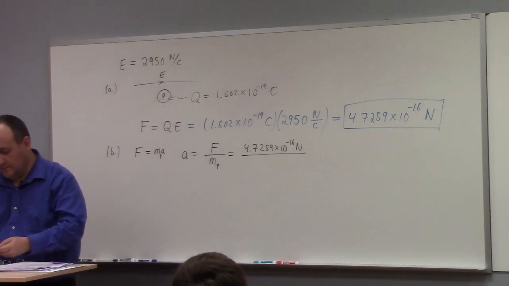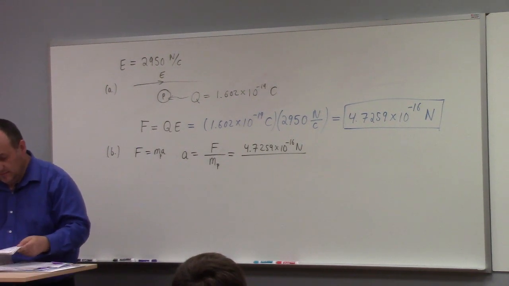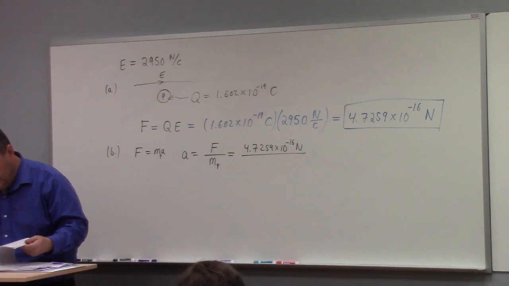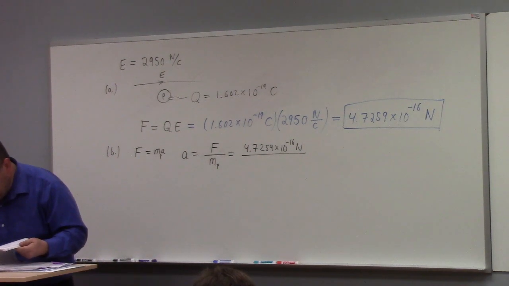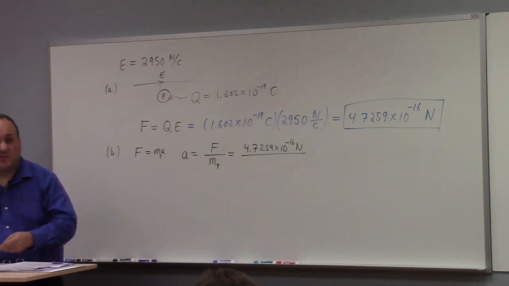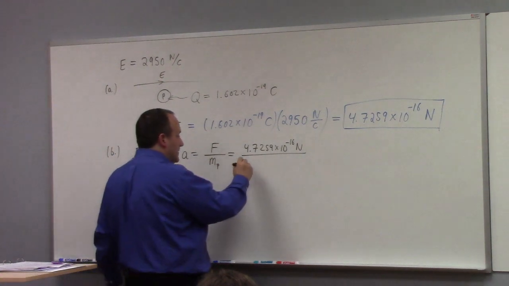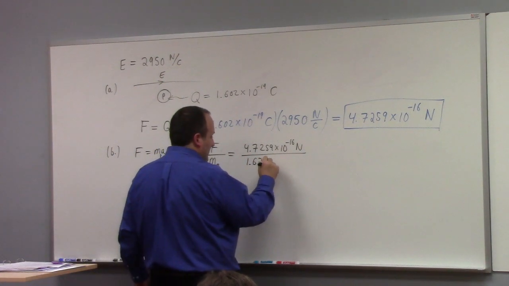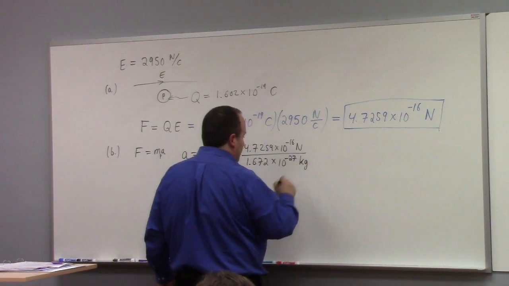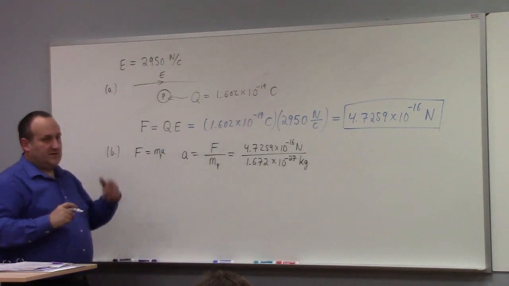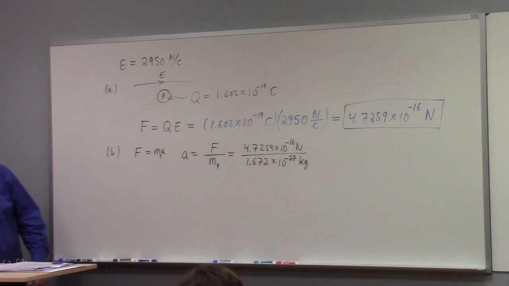In the book, on the back cover, it tells us that the mass of the proton is 1.672 times 10 to the minus 27 kilograms. It's got more than that, but I'm just keeping the first couple digits, okay? So there you go. You take the quotient of these two.